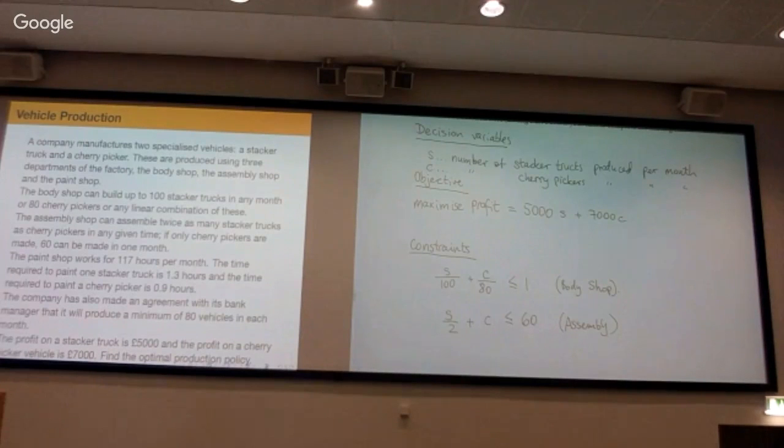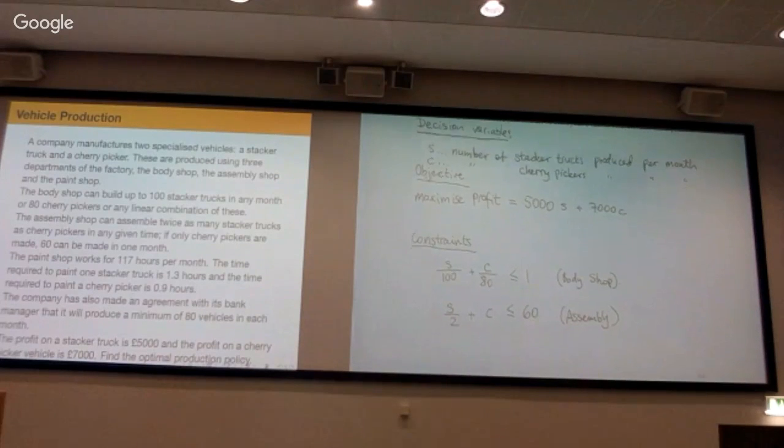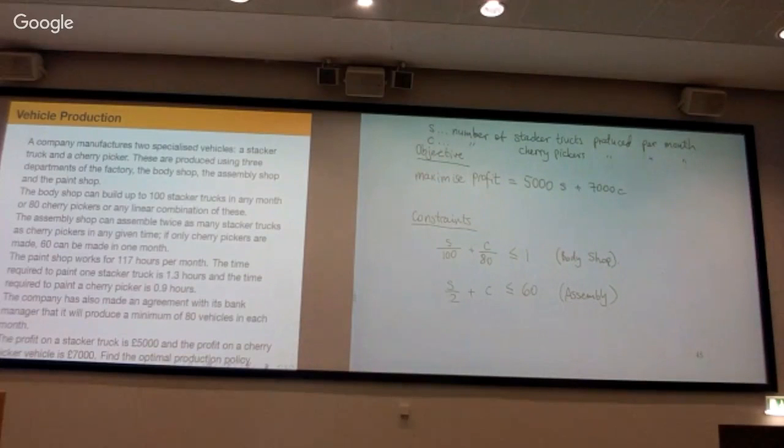Then the paint shop constraint is kind of easy compared to these two, because for every stacker truck you need 1.3 hours. So in all you need 1.3 S hours. And for cherry pickers you need 0.9 C hours. And the total number of hours you have is 117. And that's the hours for the paint shop.